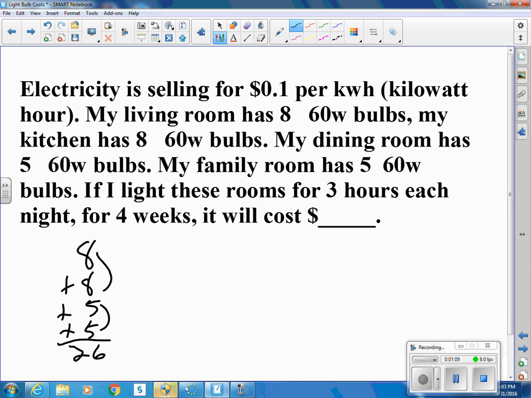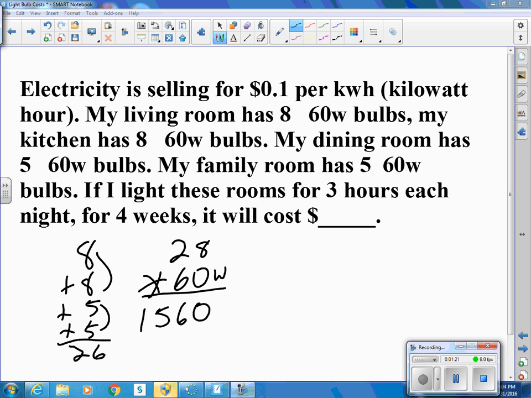So if I have 26 bulbs at 60 watts each, that means that we are using 1,560 watts. That's joules per second. So in kilowatt hours, it's 1.56 thousand watt hours if I leave it running for an hour, but we're talking about 3 hours per night.